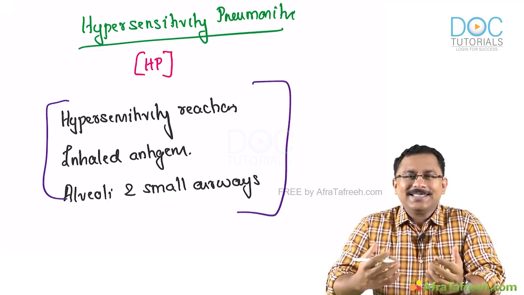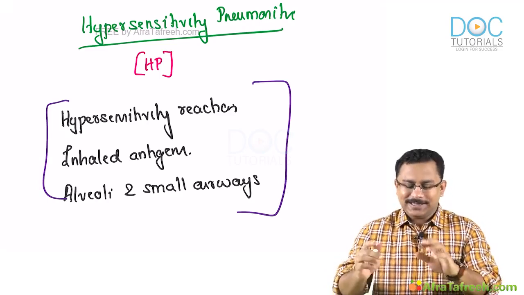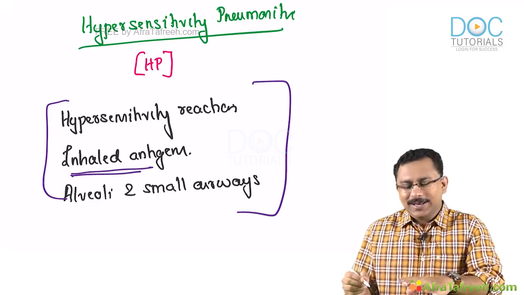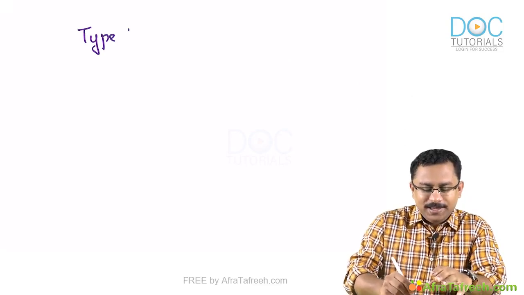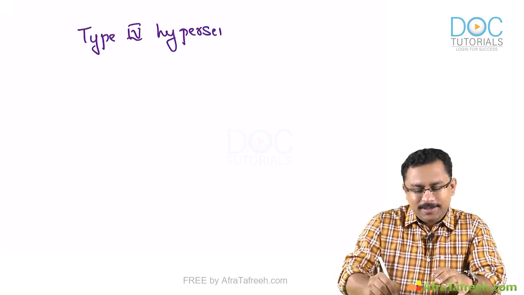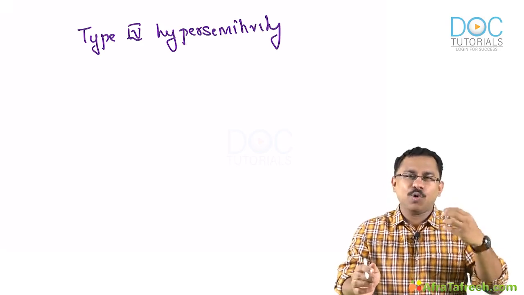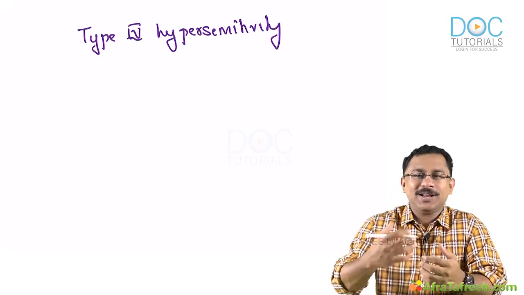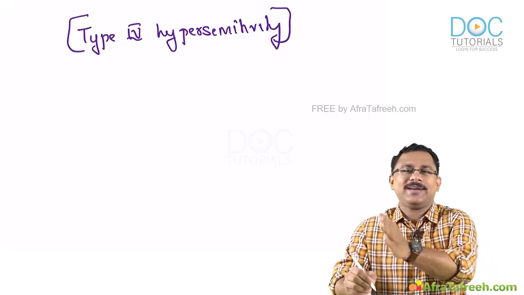Now let's try to understand the disease in more detail. I told you it is a hypersensitivity to inhaled antigens. So it is predominantly a type 4 hypersensitivity reaction. Yes, there is a role for type 3 as well, because immune complex mediated pathology also happens, but predominantly it's type 4 over type 3.